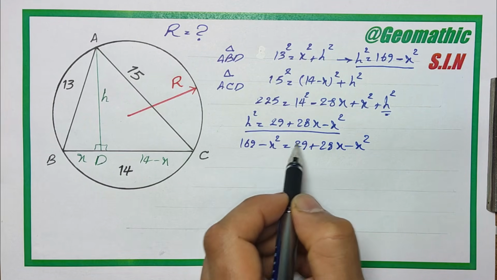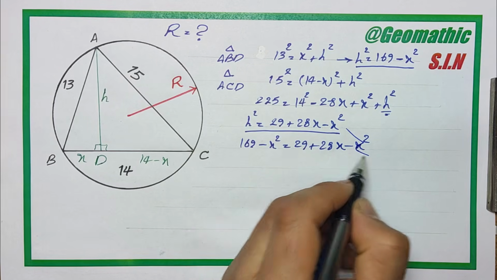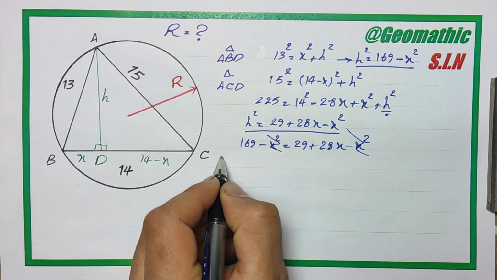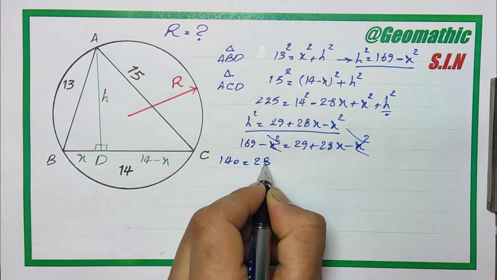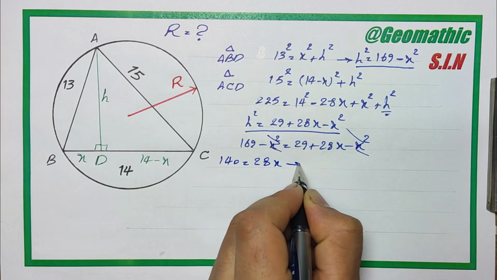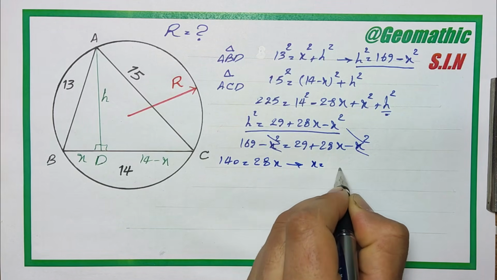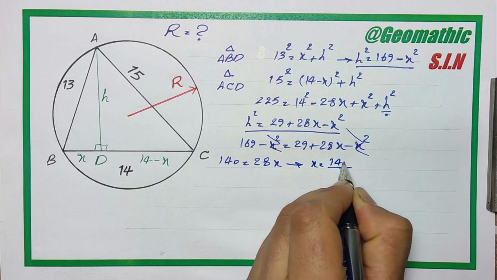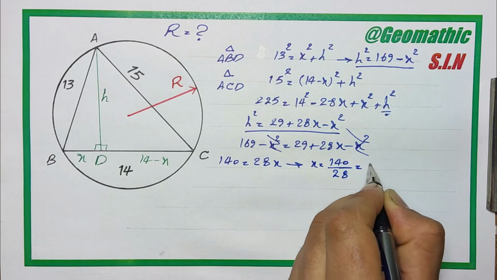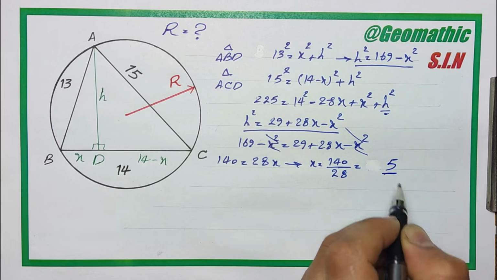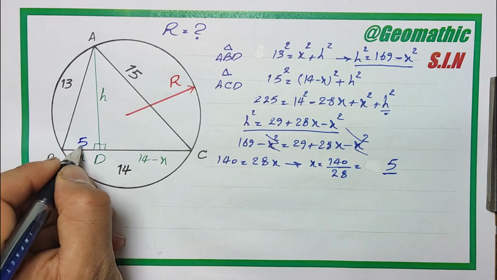The minus x squared on both sides cancel out. Then we have 140 equals 28 times x. So x equals 140 over 28, which is equal to 5.